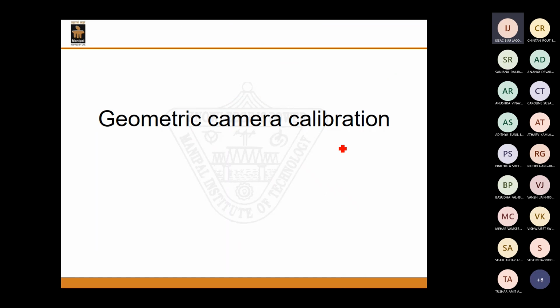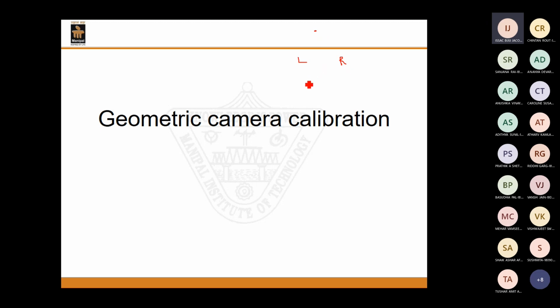Okay, so if you remember the different steps of the reconstruction, what we discussed was in stereo image reconstruction, you have a left image and a right image, and given a 3D point in the world coordinate, we are trying to reconstruct this particular point with respect to the left image and the right image alone.